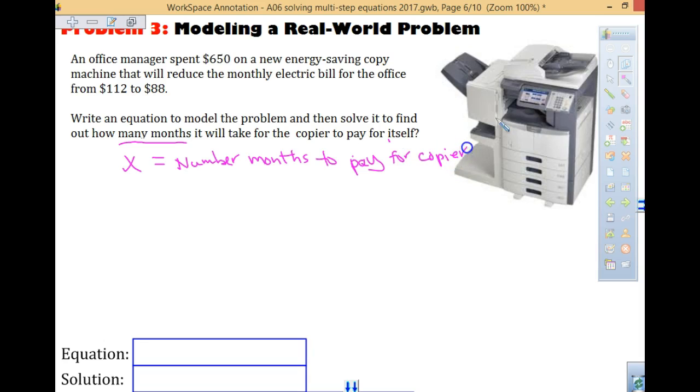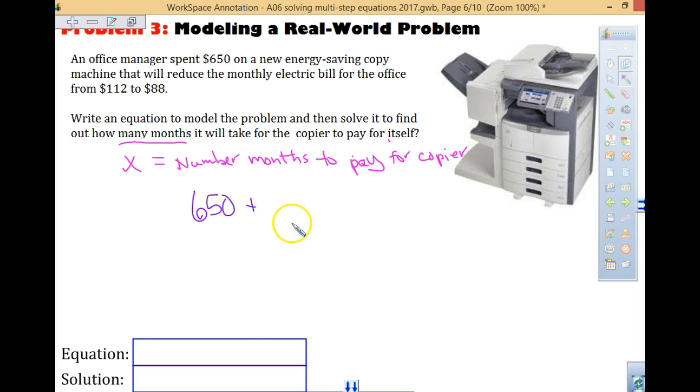Okay? So once I have that part down, Josie, do you want to try writing an equation? So we know right now we are spending how much money on our bill? What do you know, Josie? So he spent $650, right? $650 is our new copier.